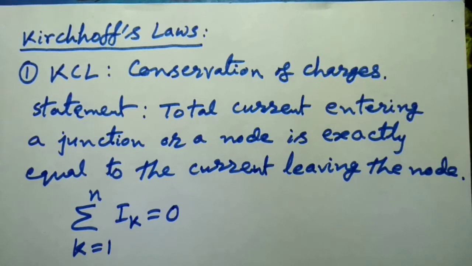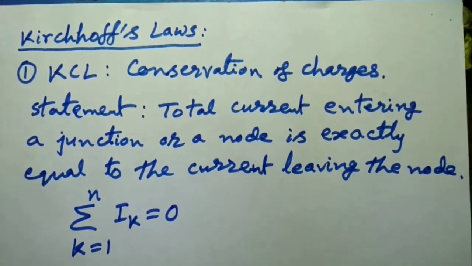Note that here the term algebraic summation means we have to take into account the direction and the sign of the currents. Usually the current entering a node is taken as positive and the current leaving the node is taken as negative.